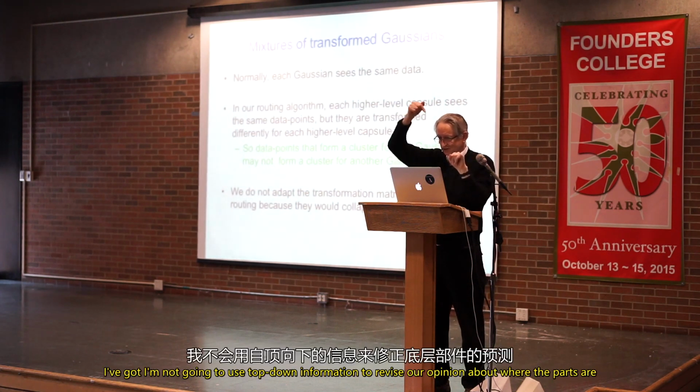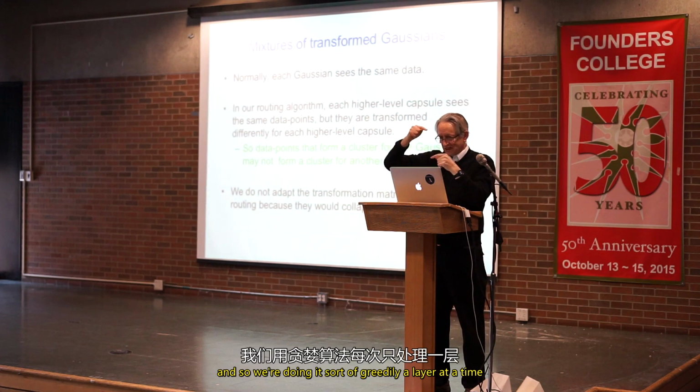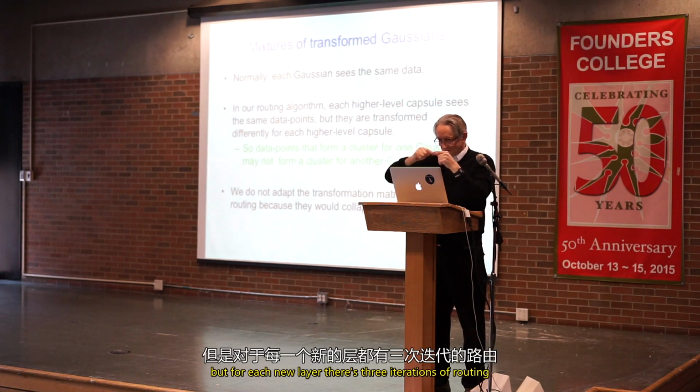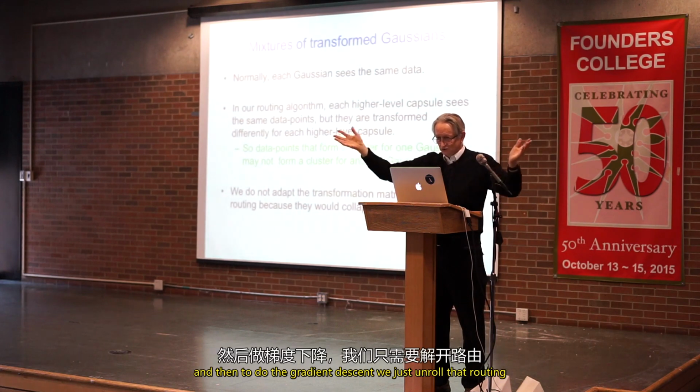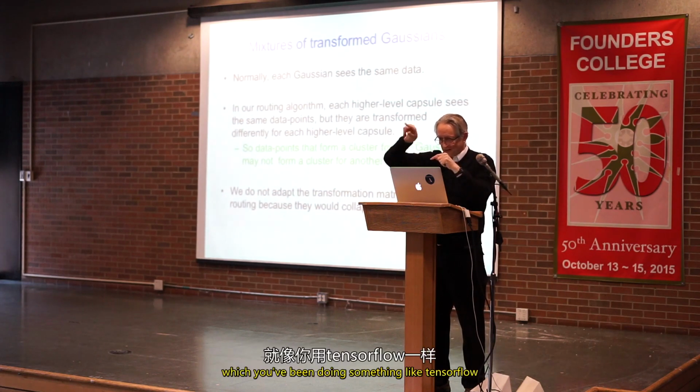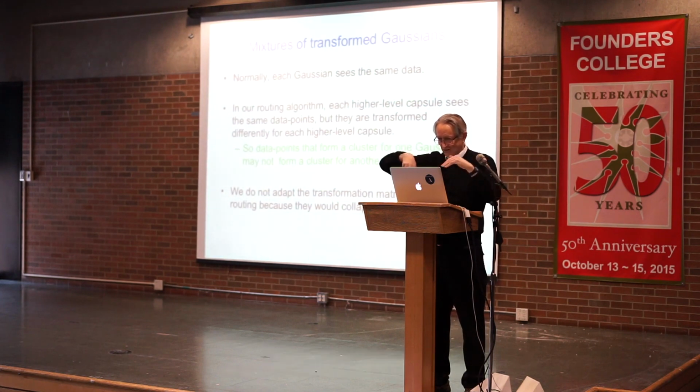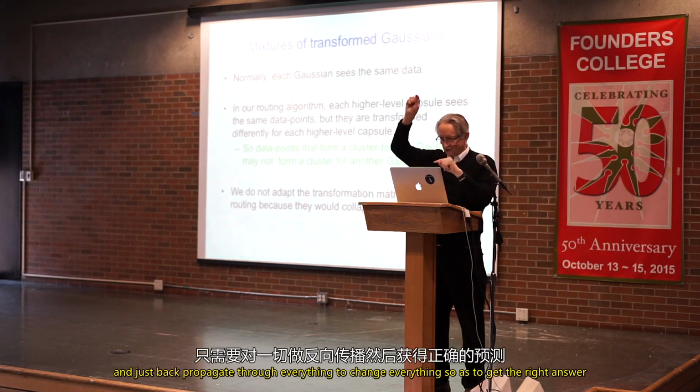We're not going to use top-down information to revise our opinion about where the parts are. And so we're doing it sort of greedily a layer at a time. But for each new layer, there's 3 iterations of routing. And then to do the gradient descent, we just unroll that routing, which you can do in something like TensorFlow, and just backpropagate through everything to change everything so as to get the right answer.